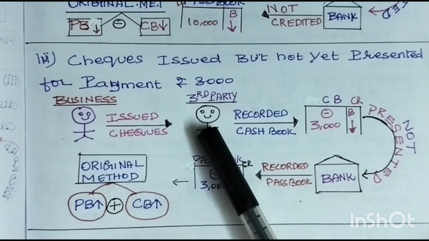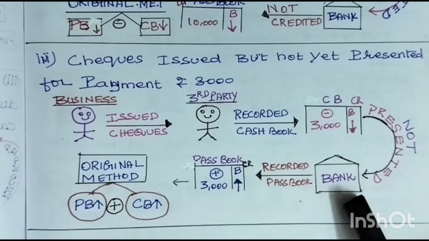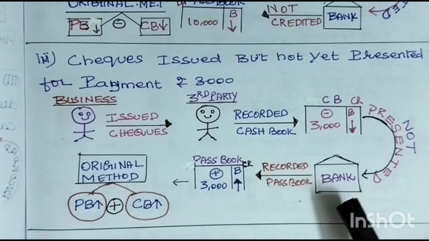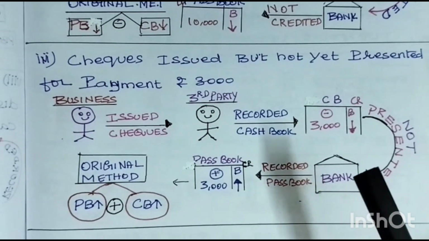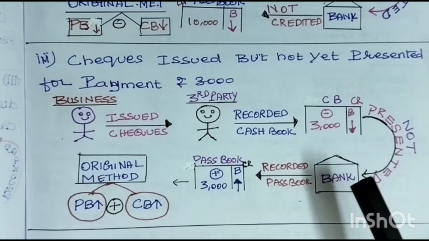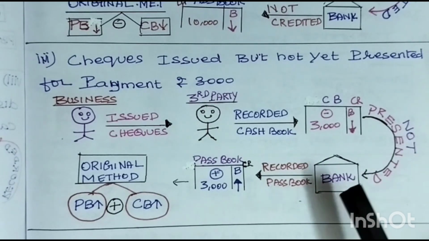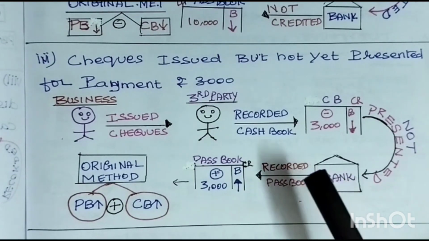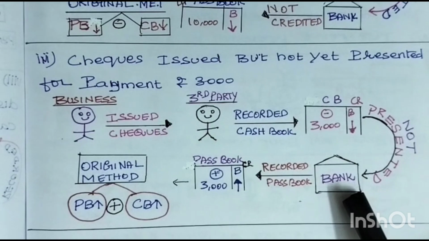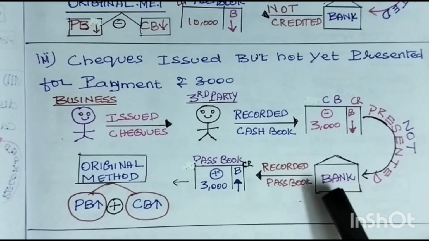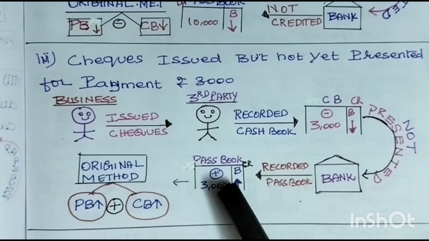The third party didn't deposit the cheque on the same day into the bank. The cheque was not presented, or not cleared, or not credited, or not collected. Are you clear? So the issued cheque was not collected, which means what did the bank record in the bank passbook?